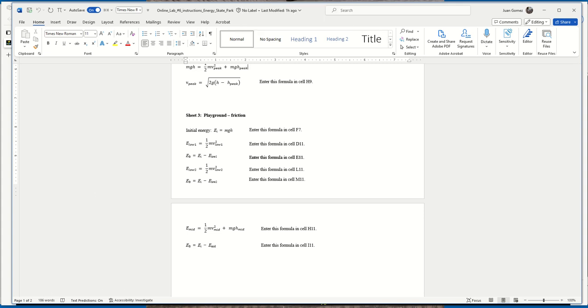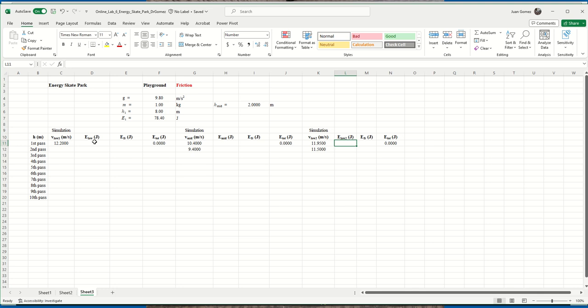Okay, let me go ahead and do that. So right here, D11. It's kinetic, so it's equal to, and it's going to be 1/2, so in parentheses, just do 1 divided by 2. I have my outer parentheses and another left parenthesis, 1 divided by 2, close, then times the mass, which is in cell F5, $F$5.